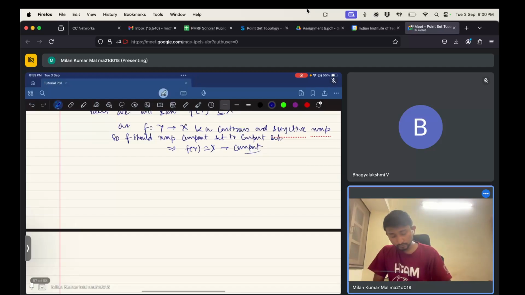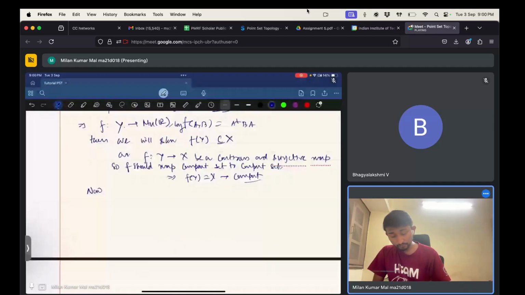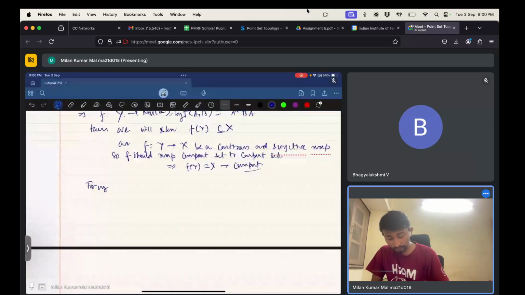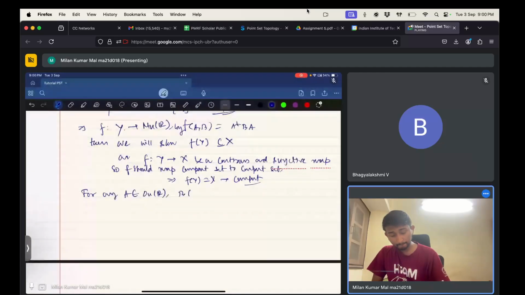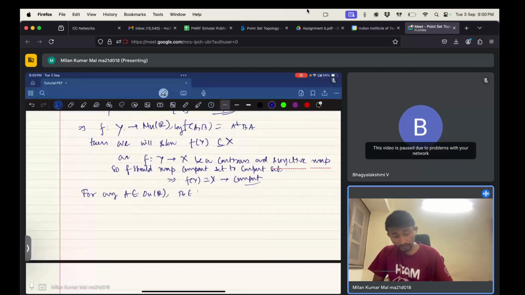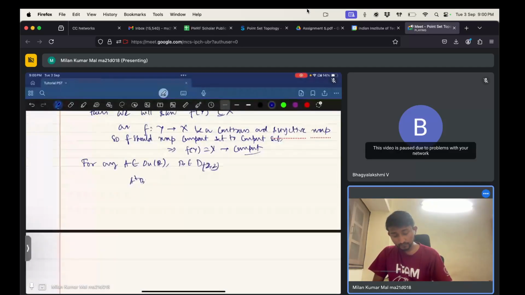We need to show that, first note that for any A belongs to O_n(R) and B belongs to this diagonal set, what we can say is that A transpose B A, note that all the diagonal entries are positive.